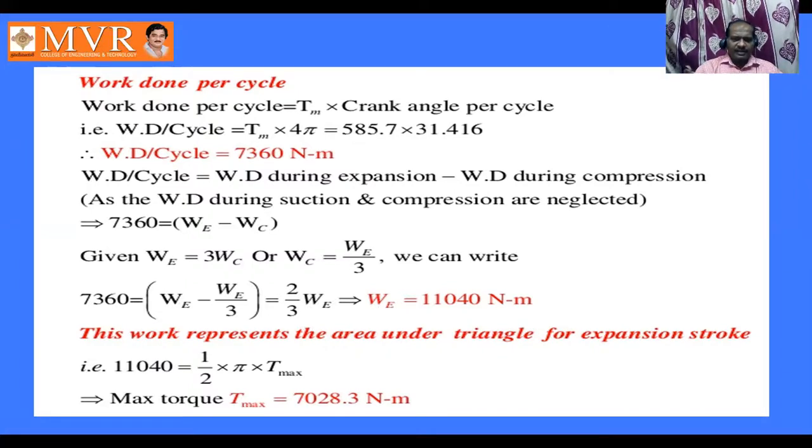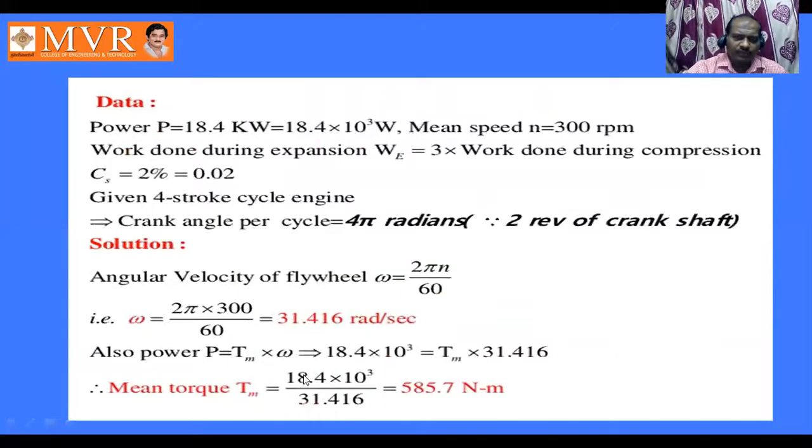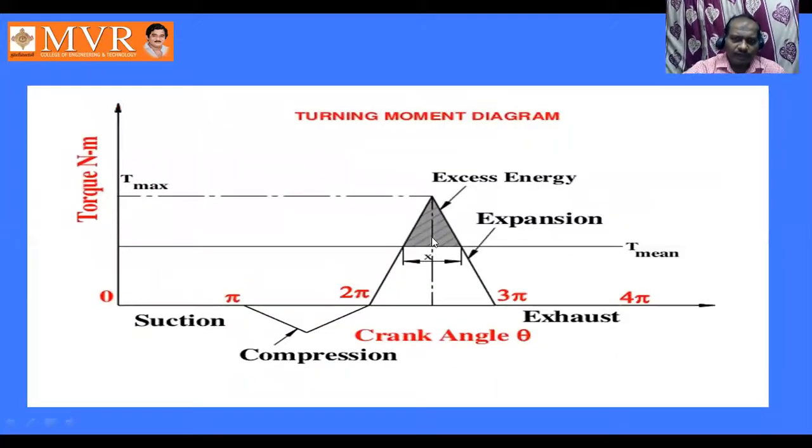That is, work done during expansion is 11040. Work done during compression is 3 times less than this one. You have to remember these two. As the work done is under triangle form, 11040 is equal to the triangular formula for area, half into base into height.